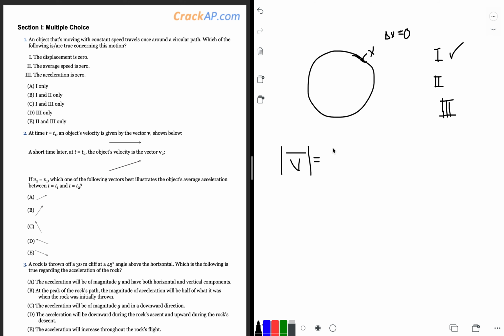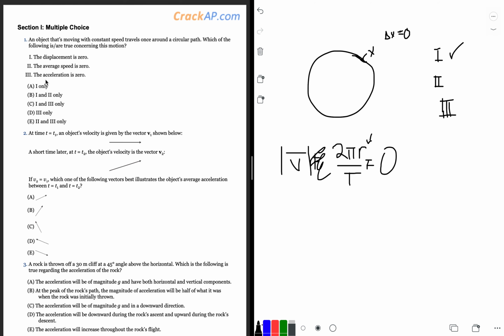And that is equal to the distance traveled, which is 2 pi r, right? And the initial 0, all over the period. And we know that this cannot be 0 because the numerator is a non-zero value. R is a value, therefore the numerator is a value, and t is also a value. So it is not equal to 0. Which means that, well, here it's saying the average speed is 0. It's not, so that's a false.